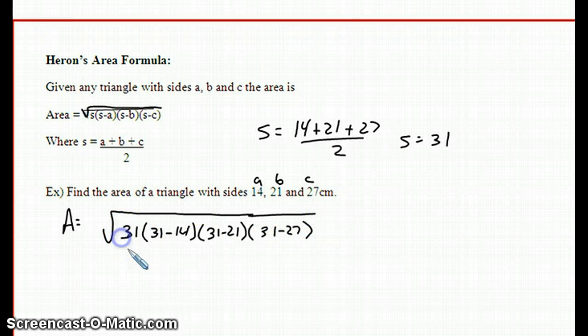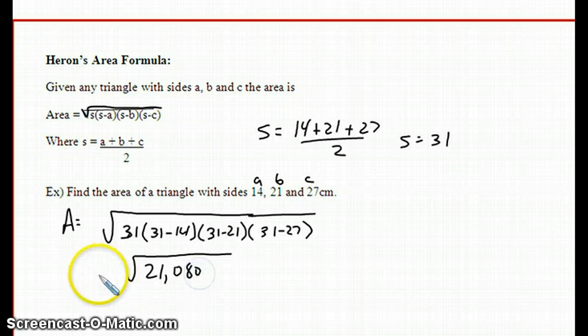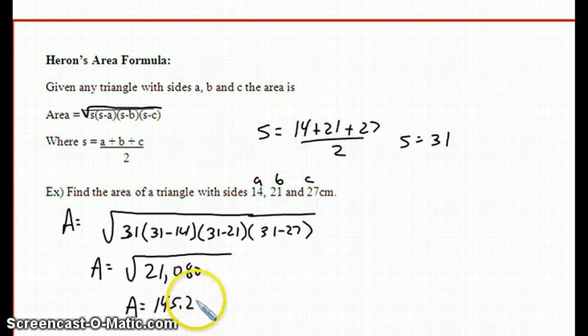So plugging this in, if I multiply all of this together without the square root at first, I'm going to end up with 21,080. And when I take the square root of that, I end up with 145.2, and I was given units as centimeters squared.